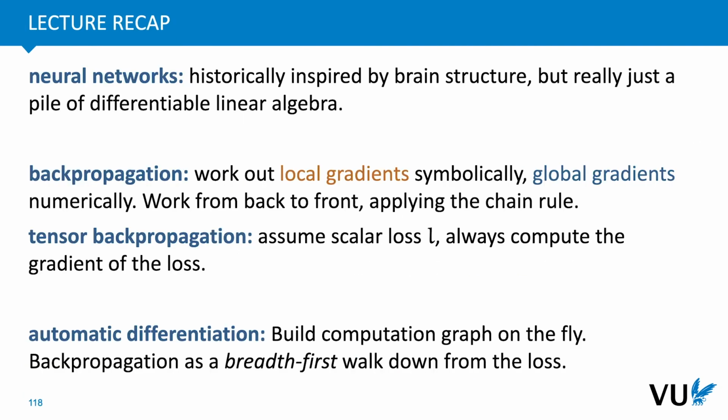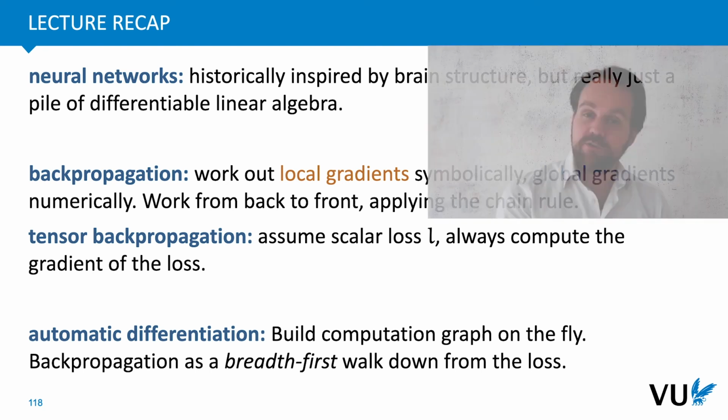So let's look back at the whole lecture, all 4 videos. We reviewed neural networks. We looked at backpropagation, which is an algorithm that helps us compute a gradient, which we can then use in gradient descent. The main principle is that we work out local gradients symbolically and global gradients numerically, and we work from back to front, applying the chain rule, accumulating these gradients.